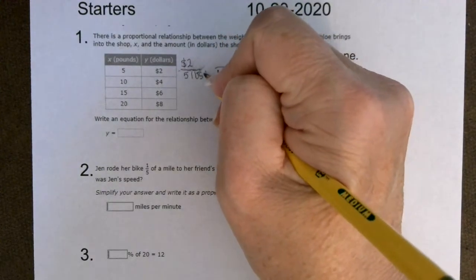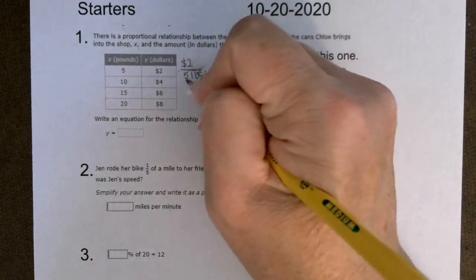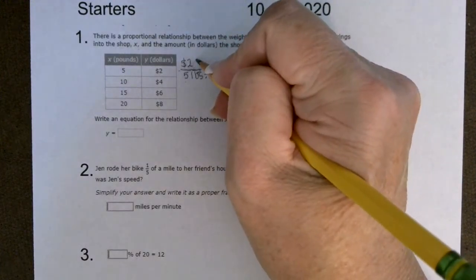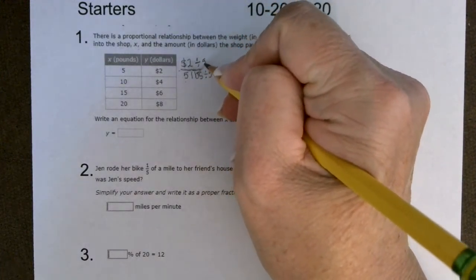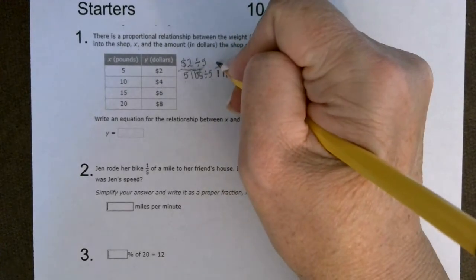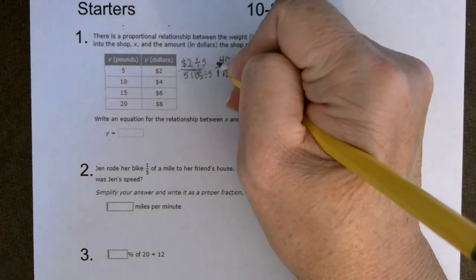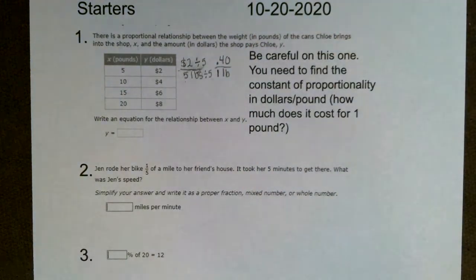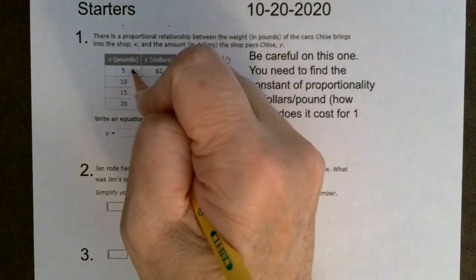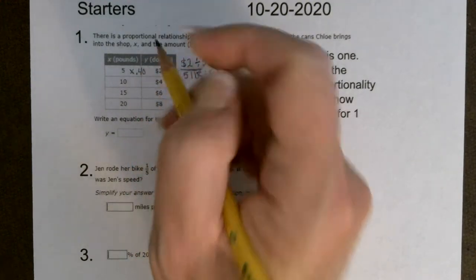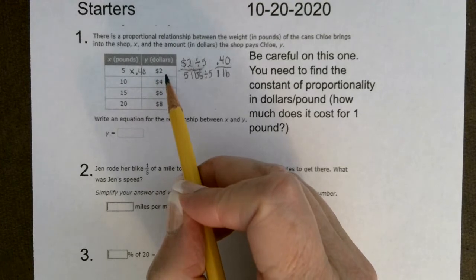So we're dividing 5 by 5 to get 1. And so then we're dividing $2 by 5, and that's going to give us 40 cents per pound. So if I do 5 times 40 cents, I get $2.